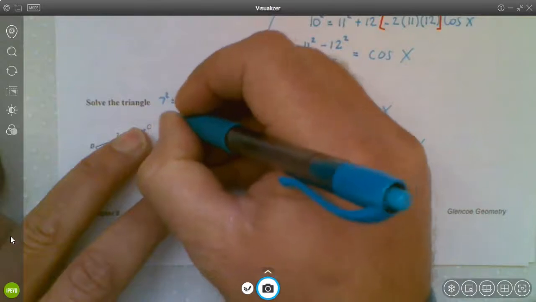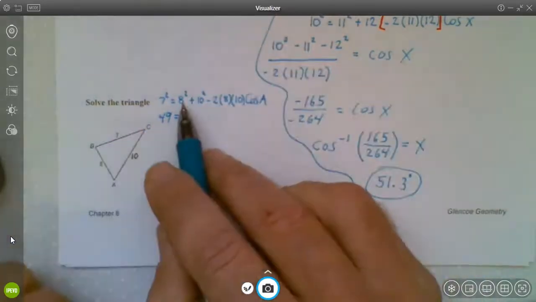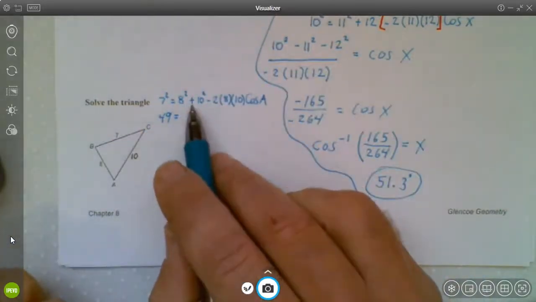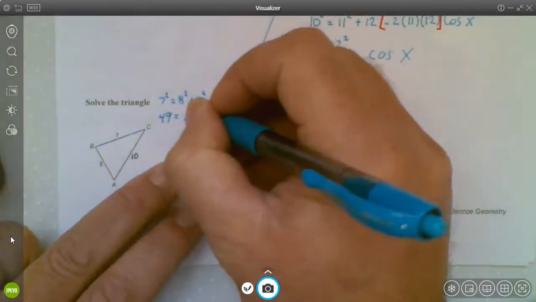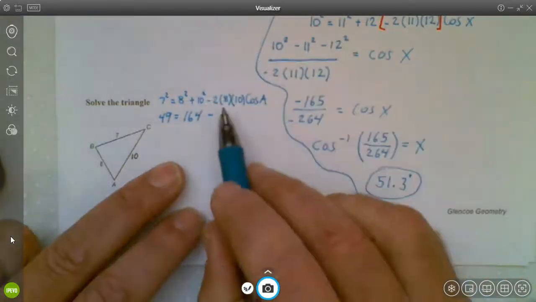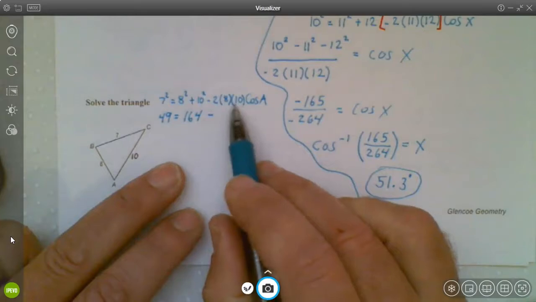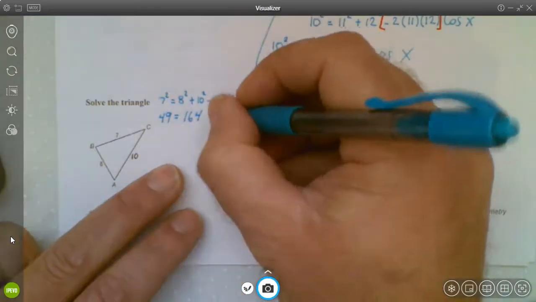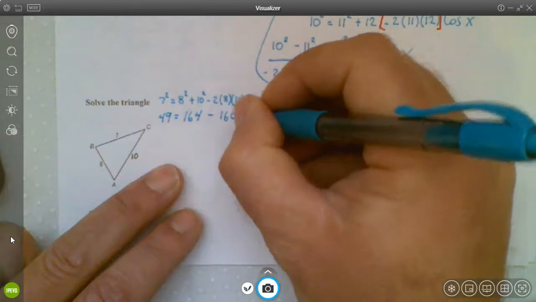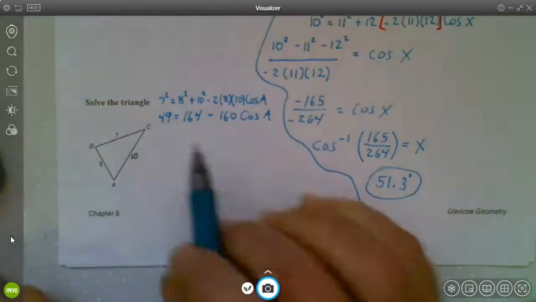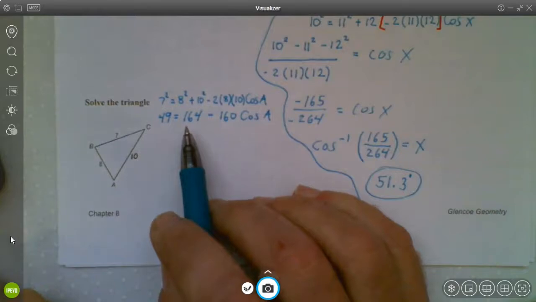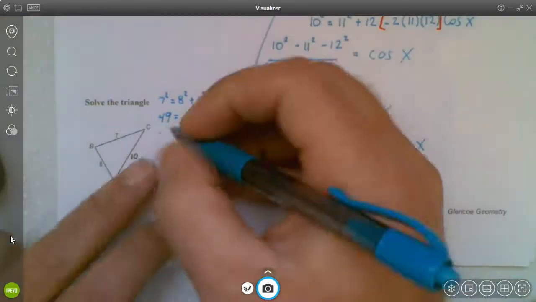So 7 squared equals, let's see, what is 64 plus 100? And then right here I have 2 times 8 times 10, so 16 times 10 would be 160. So now you can see the subtraction. I have to subtract the 164.